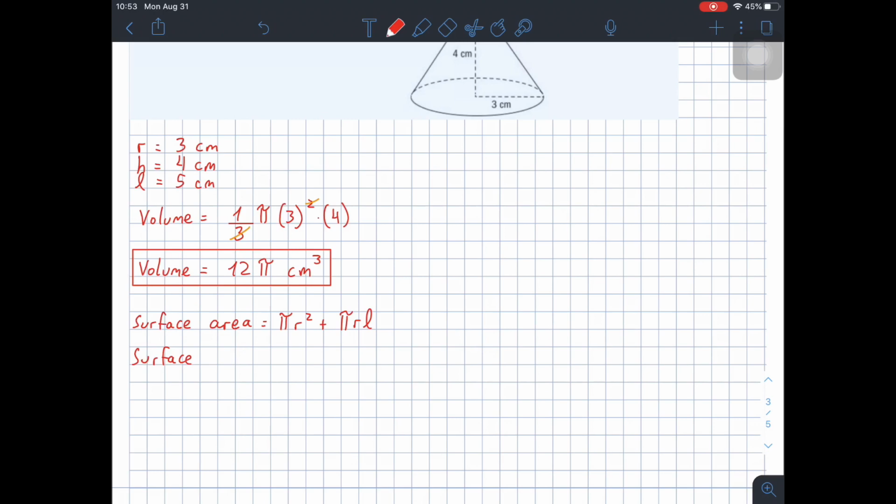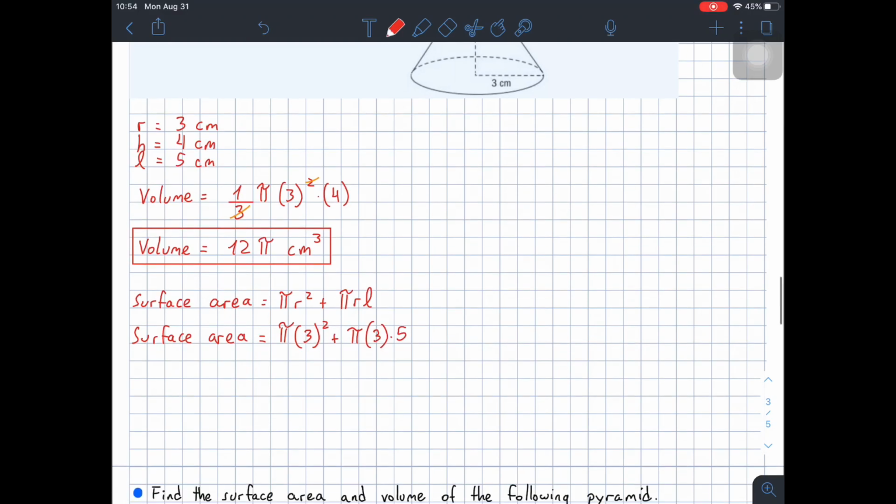Surface area is equal to pi times 3 squared plus pi times 3 times 5. Okay, so then we get the surface area, which is equal to 9 pi plus 15 pi.